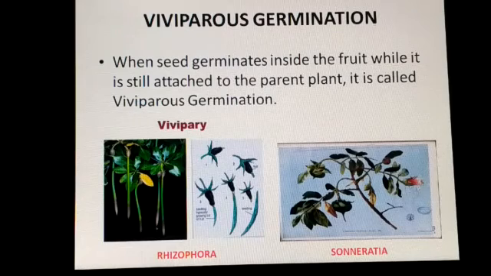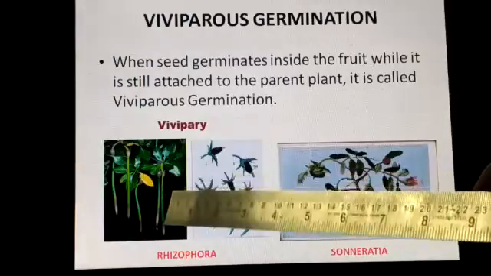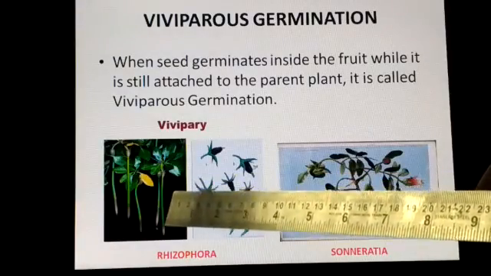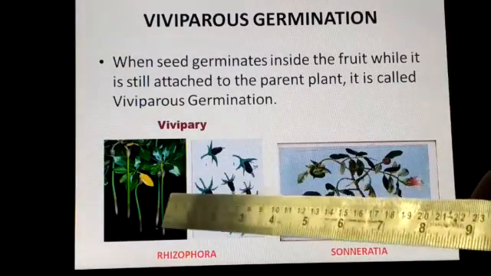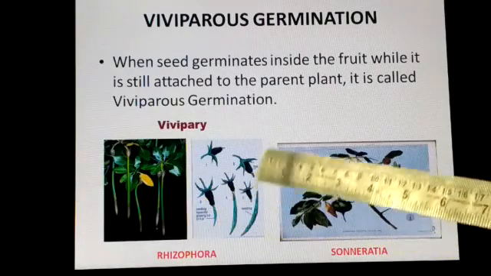Normally what happens? Inside the fruit, seed grows. When fruit is plucked and seed comes out of the fruit, then after getting favorable conditions, it starts germinating. But here in this case, when the fruit is still attached to the parent plant, the seed from inside that fruit starts germinating.